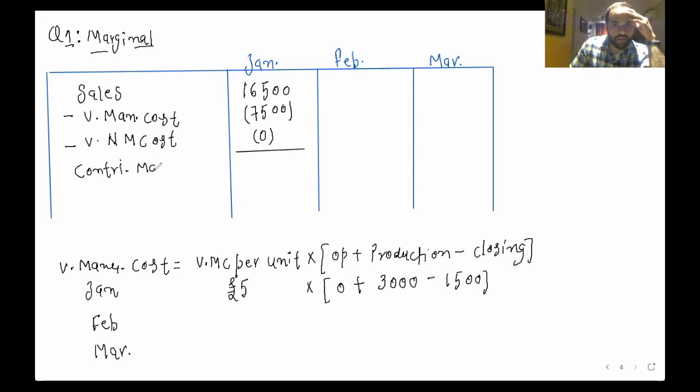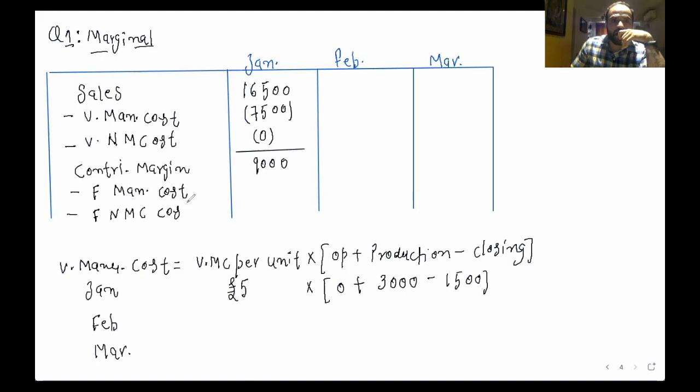It's 9,000, right? Minus fixed manufacturing cost. Minus fixed non-manufacturing cost. How much is the fixed manufacturing cost for the month of January?